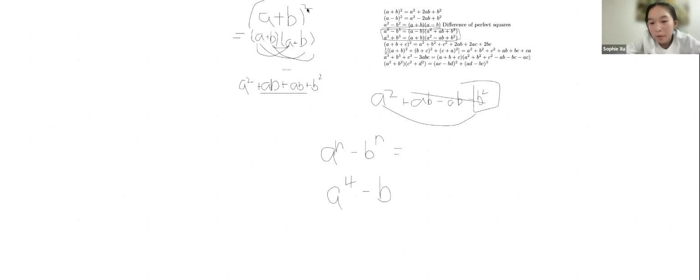A to the power of 4 minus b to the power of 4 is a minus b times a to the power of 3 plus a squared b plus ab squared plus b cubed.